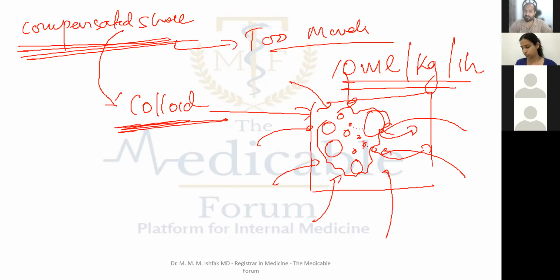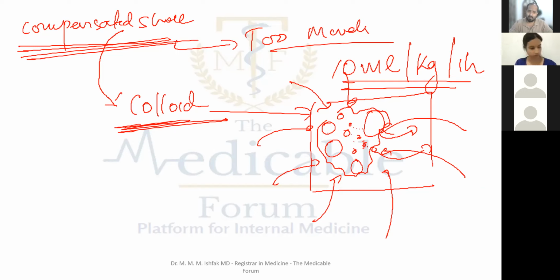So that is why you use colloids in a patient whom you can't give more fluids, because they will also leak out. So what we do is we give colloids and try to expand the intravascular volume by using the fluid which has already extravasated outside, right? Now, what happens if you give it at a variable rate?